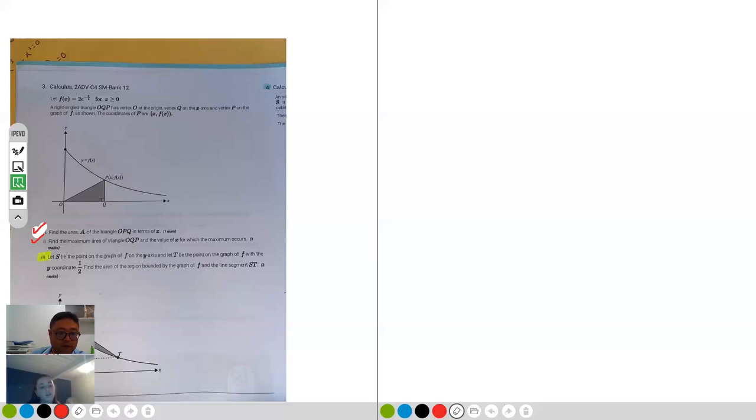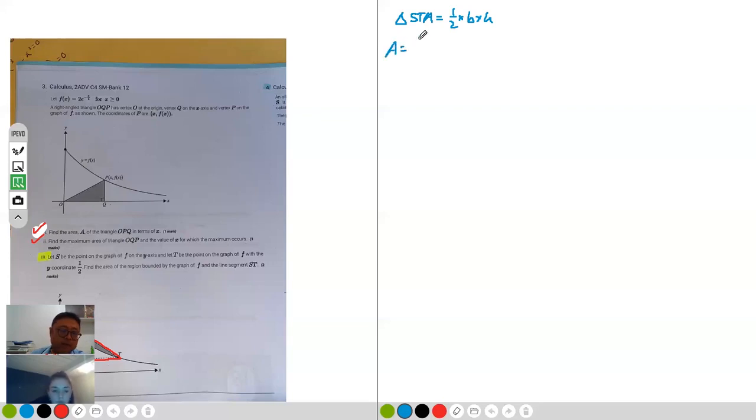Half the base times the height. Yeah, so it's basically the triangle, right? So triangle STA would be half the base times the height. Got it? Yep.